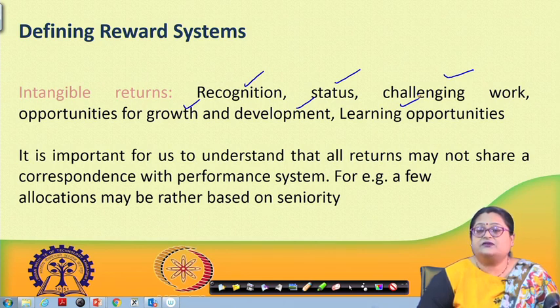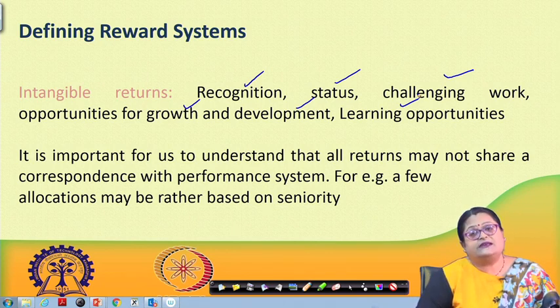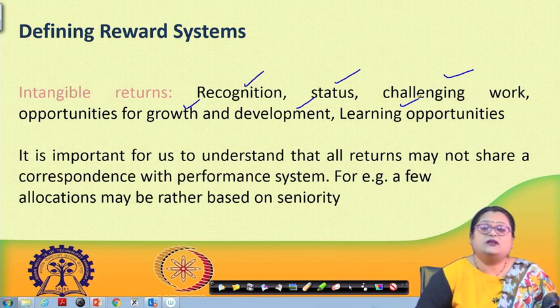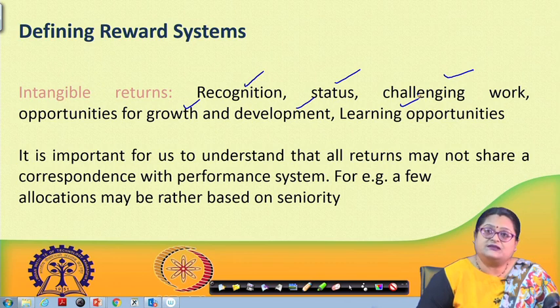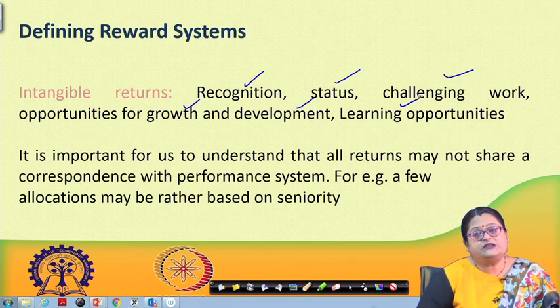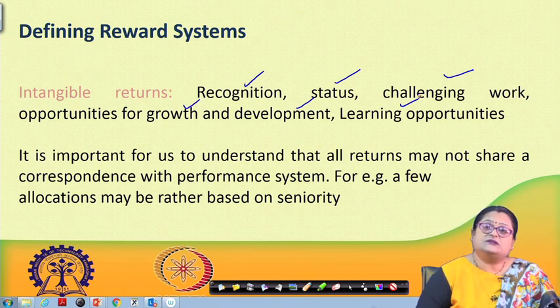It enriches their self-esteem and gives them a feeling of more self-efficacy. So, all these are intangible returns that the organization can give, which make the employee feel more valuable to oneself and socially valuable also.